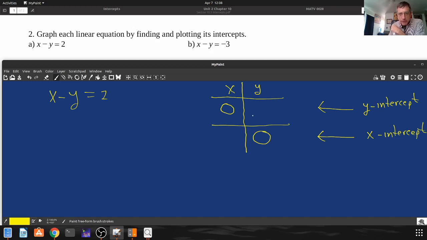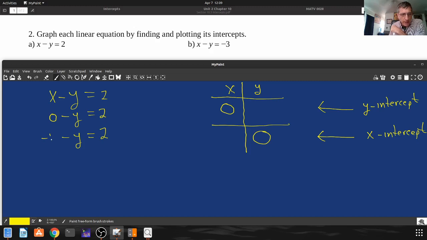So let's do the first row. We're given that x is equal to 0, so I want to find my value of y. So 0 minus y is equal to 2. So I have minus y is equal to 2. So now I'm going to multiply both sides by minus 1.